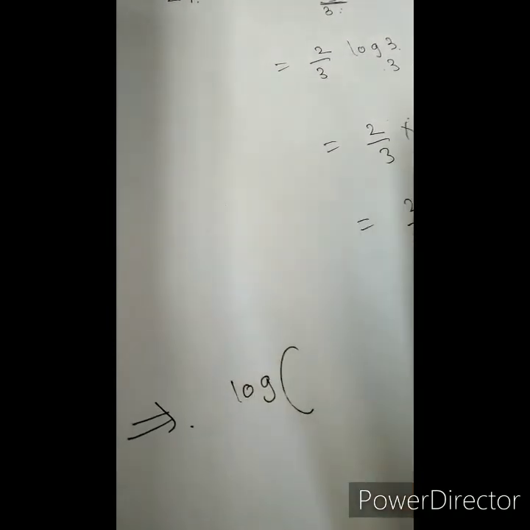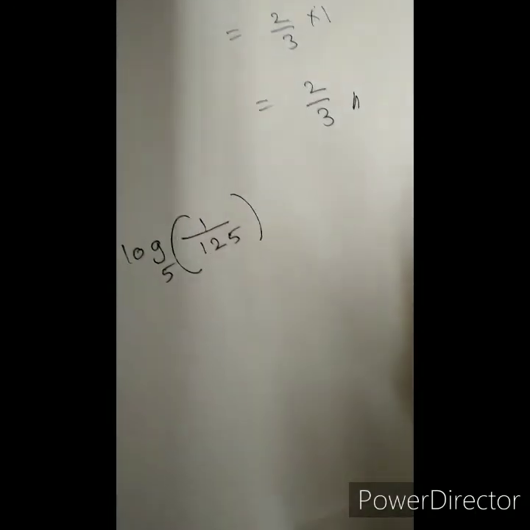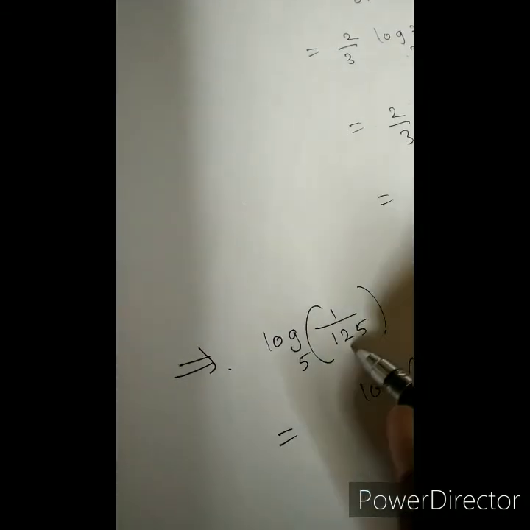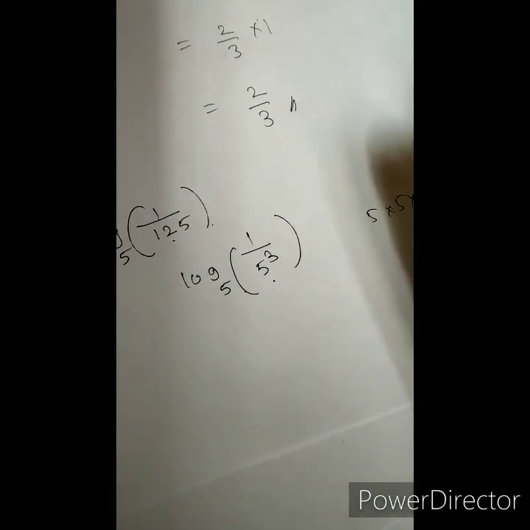Now, for example, the logarithm of 1 by 125 to the base 5. This is the problem. Now what you will do: 1 by 125 can be written in powers of 5 cube. 5 5s are 25, 25 5s are 125.